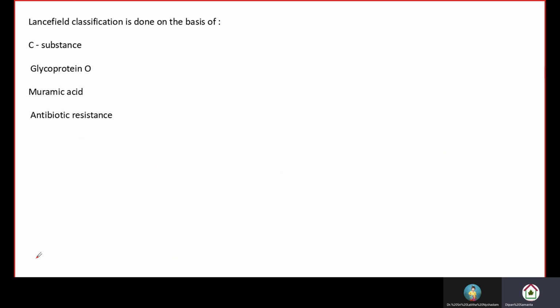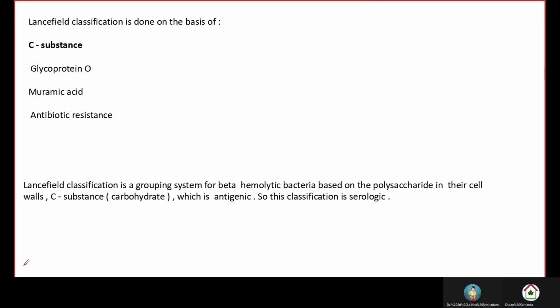Okay, next question. Lancefield classification is done on the basis of: C substance, glycoprotein O, muramic acid, antibiotic resistance. Lancefield classification, what is it?